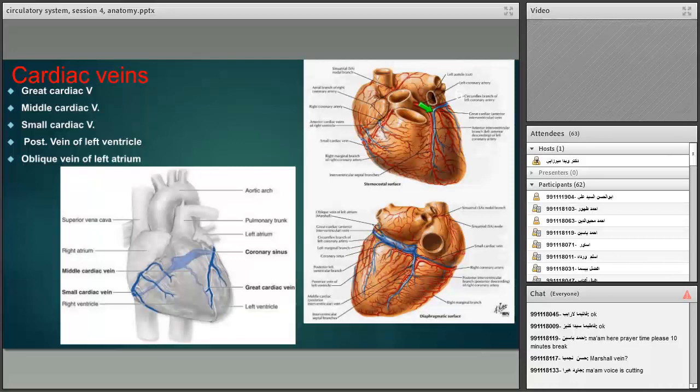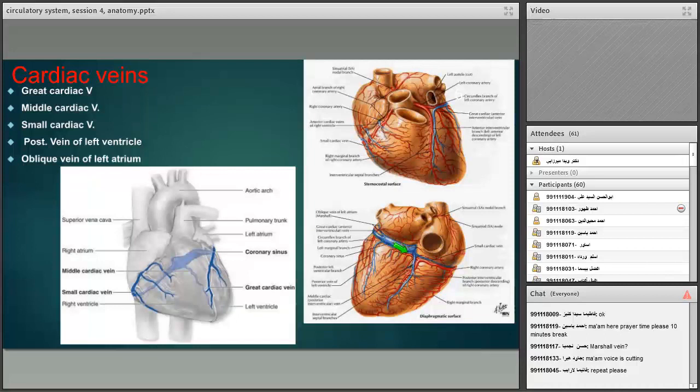The great cardiac vein and the posterior vein of the left ventricle are connecting to each other and forming the coronary sinus on the inferior or diaphragmatic surface of the heart.